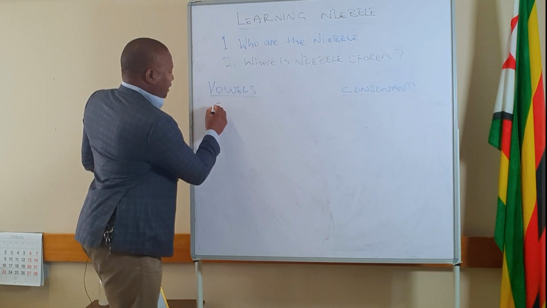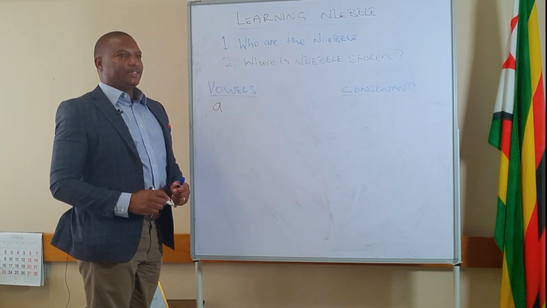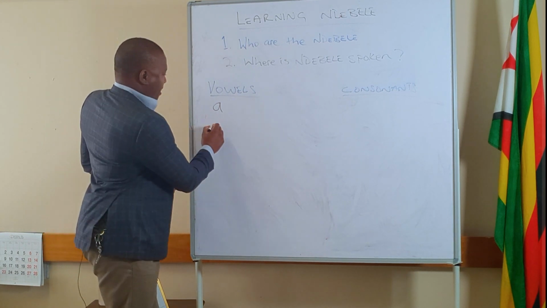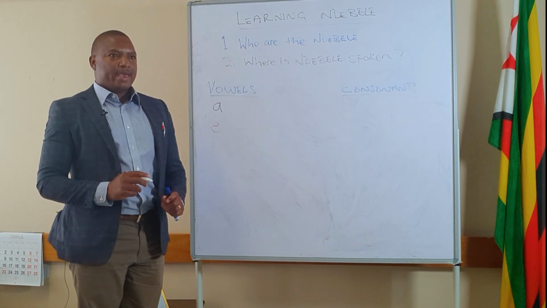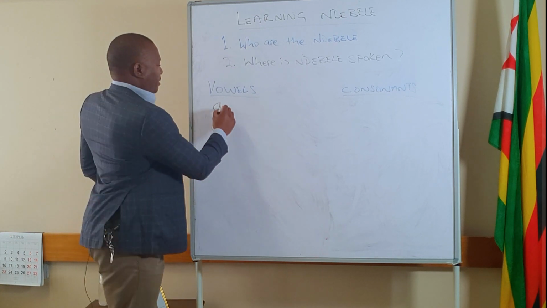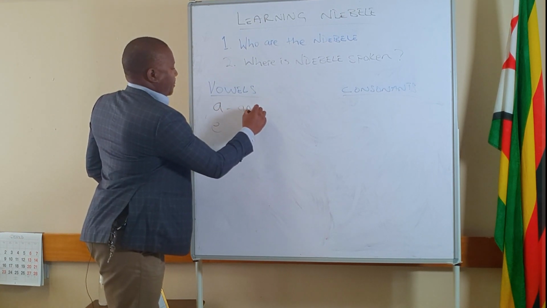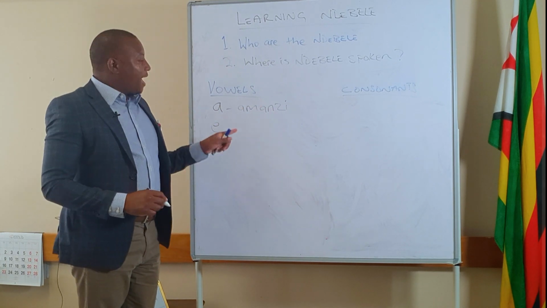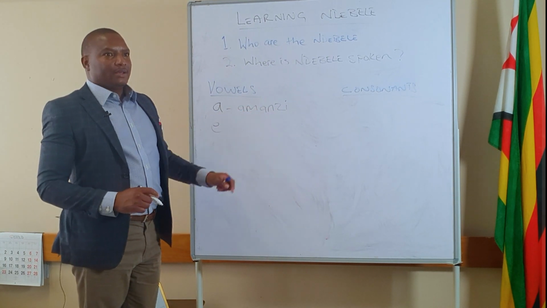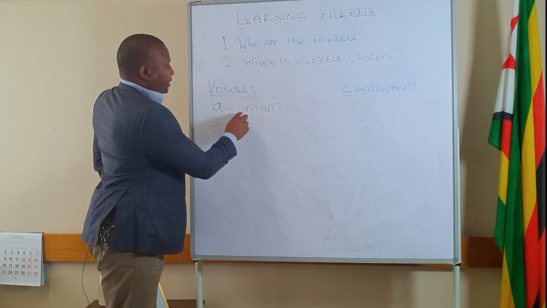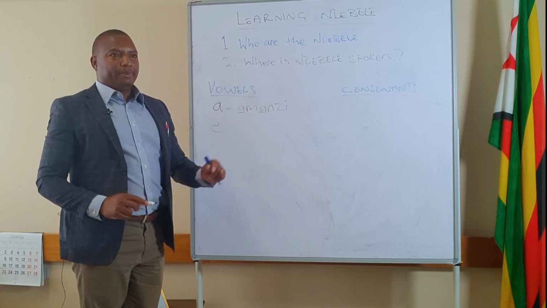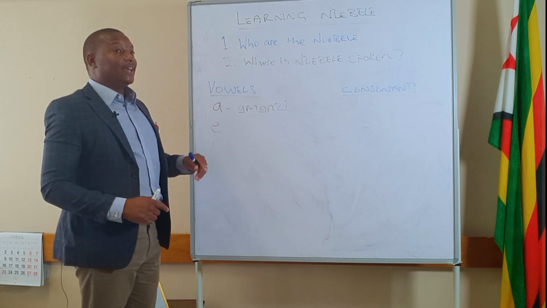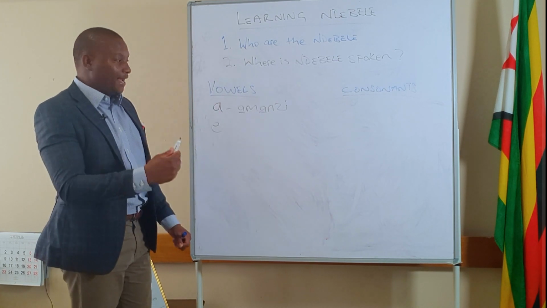So the first one we said is A, and it's written like that. We gave the example of the word amanzi. So this is the vowel in these 2 places. We're going to distinguish the different variations in the articulation of that vowel later on.